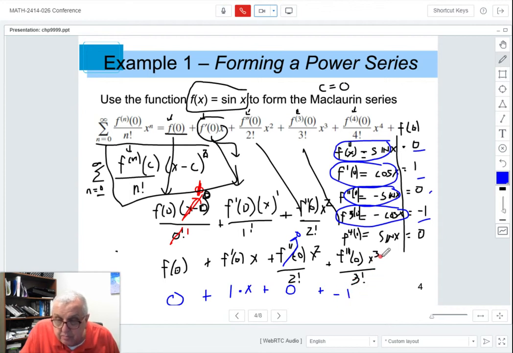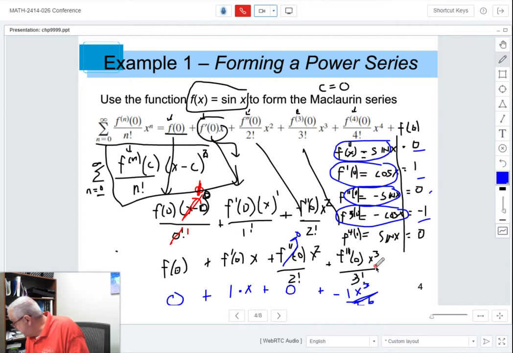And we're talking about then x to the 3, and 3 factorial is 6. This should be a 6 on the bottom. There we go. And so on, and so on.